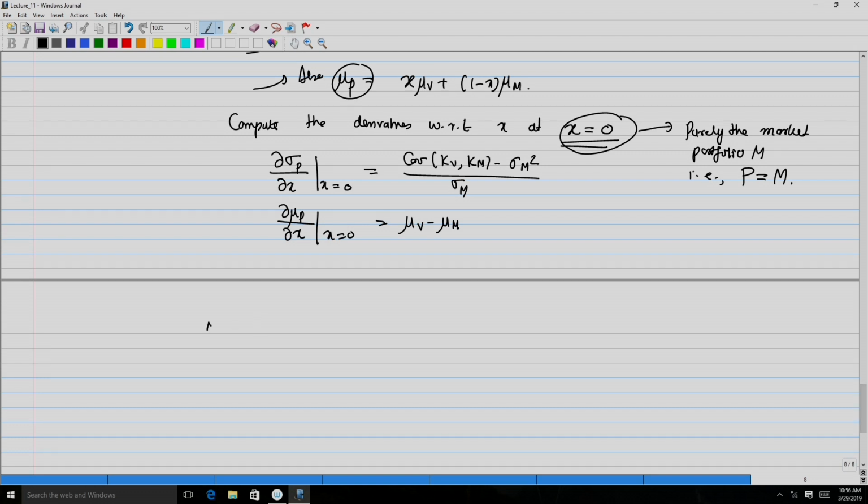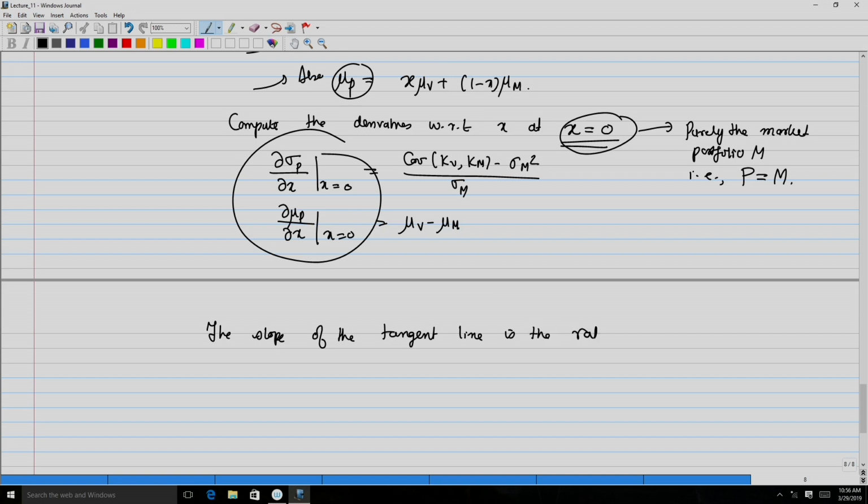So, from these two derivatives you can calculate the slope of the tangent line, which is the ratio of these derivatives, and which must be equal to the slope of the CML.